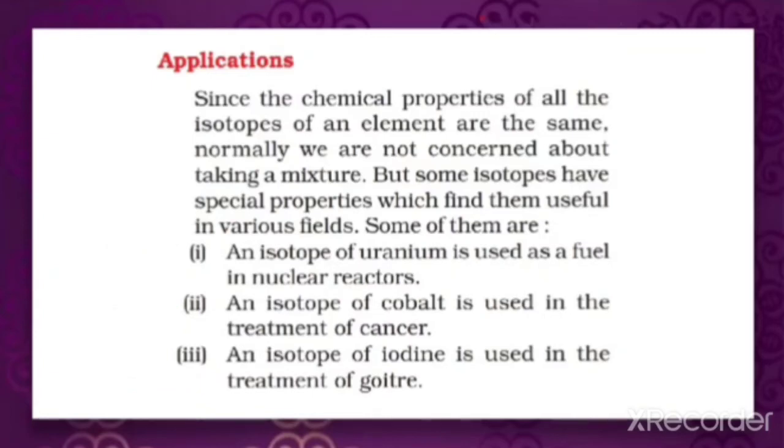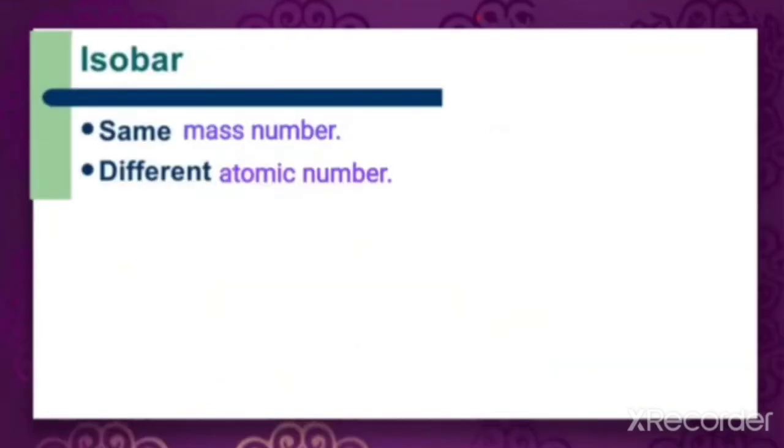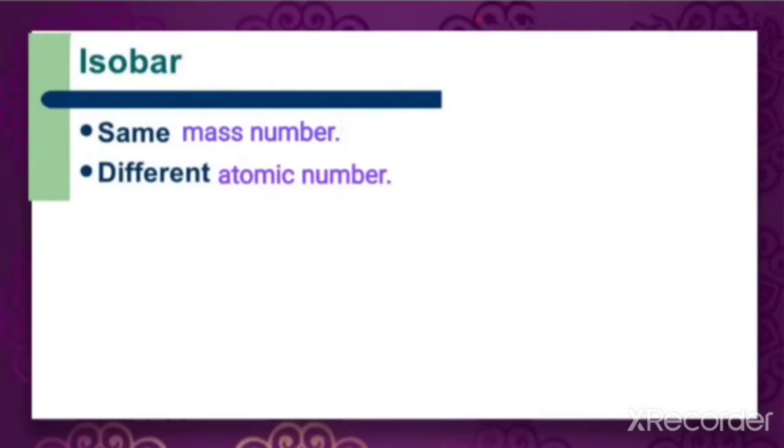After the discussion on isotopes, now let us discuss isobars. Isobars have the same mass number but different atomic numbers. When you compare with isotopes, what is the difference here? In isotopes, the atomic number is the same and the mass number is different.